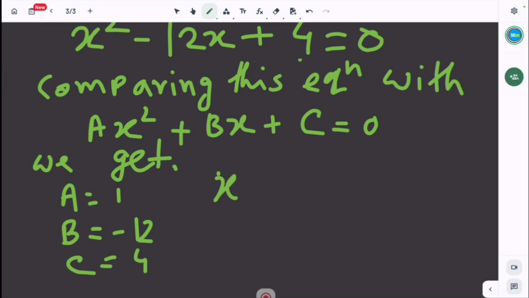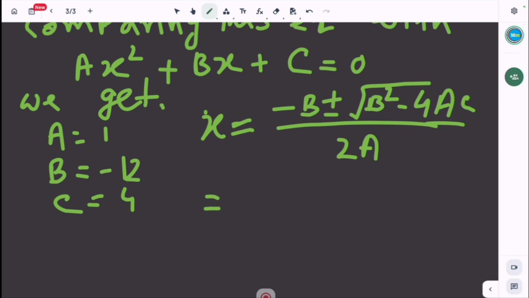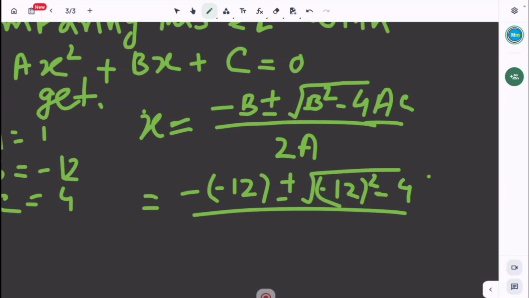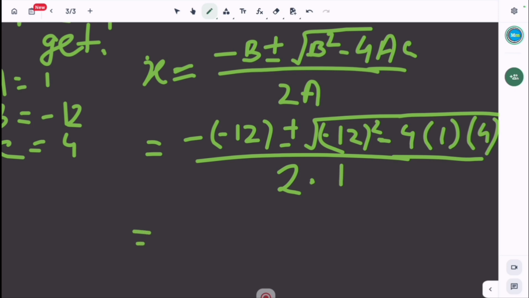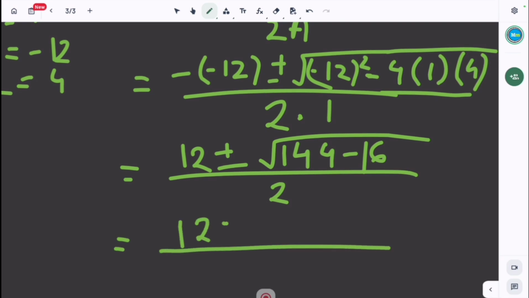Then x will be equal to minus b plus minus root over b square minus 4ac by 2a, equals minus of minus 12 plus minus root over minus 12 square minus 4 into 1 into 4, divided by 2 into 1, equals 12 plus minus root over 144 minus 16 by 2, equals 12 plus minus root over 128 by 2.